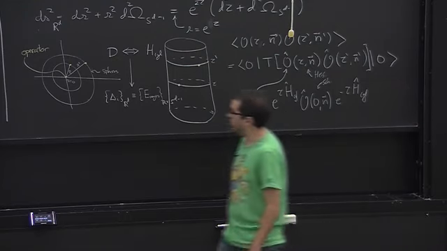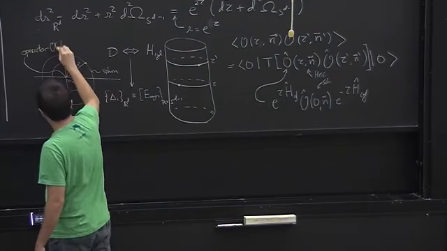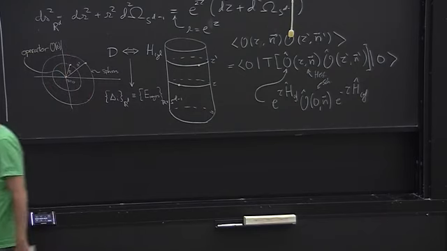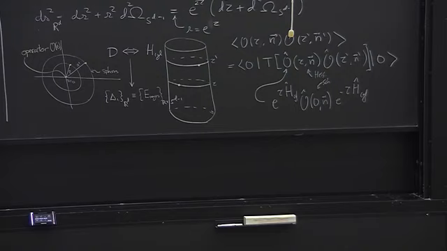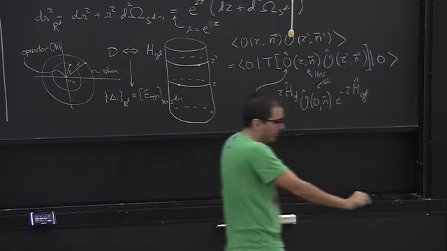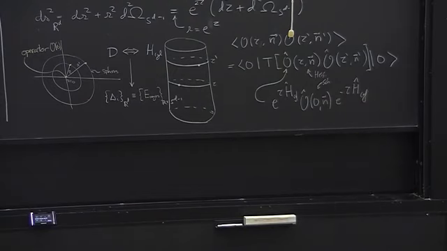Now, what does it mean to put an operator at the origin, O at 0? To put an operator at the origin means to specify your boundary conditions for your path integral close to the origin. That's the definition of a local operator. In other words, you can think that you are doing your path integral, you put your operator O at the origin, and then imagine you do a bit of path integral radially away from the origin up to a sphere of radius epsilon.